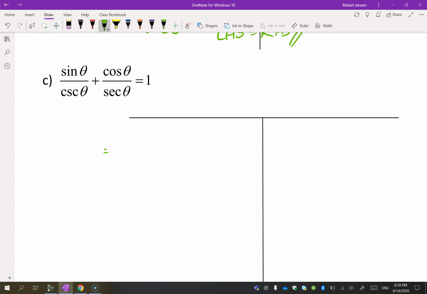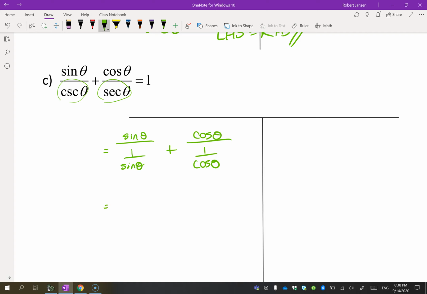Okay, what are we going to do with this one? Well, let's begin by changing cosecant and secant using the identity there. Cosecant is 1 over sine, and secant is 1 over cos.